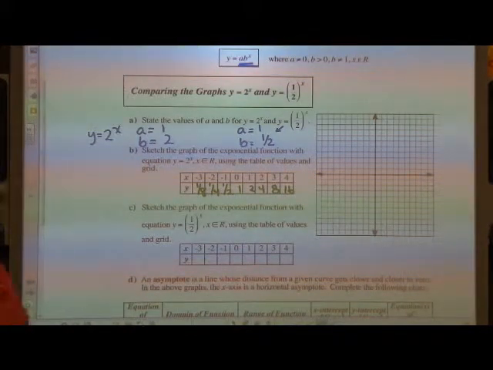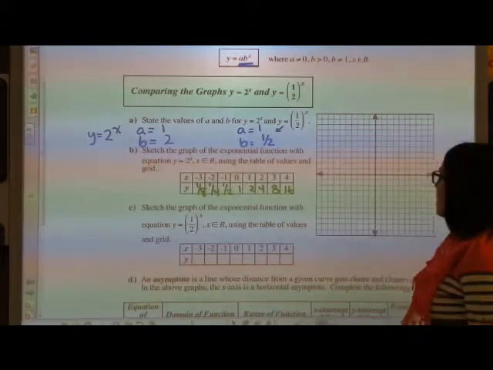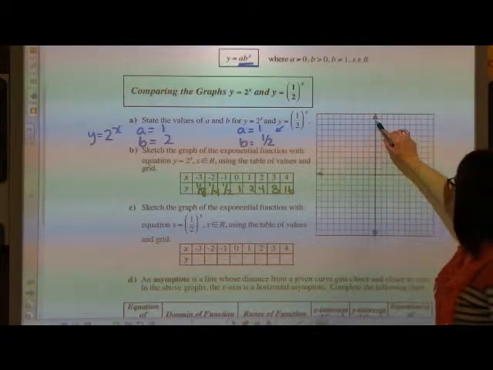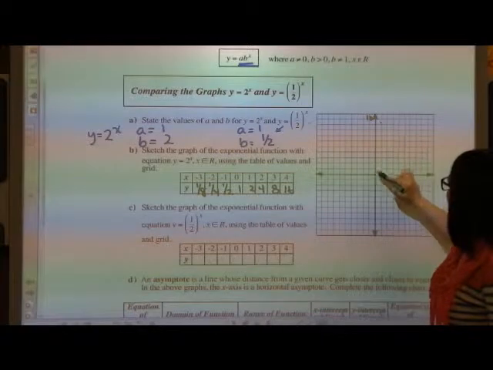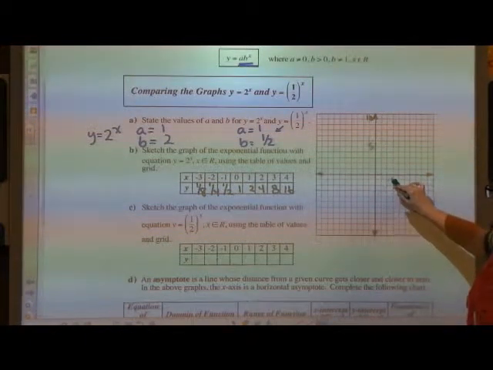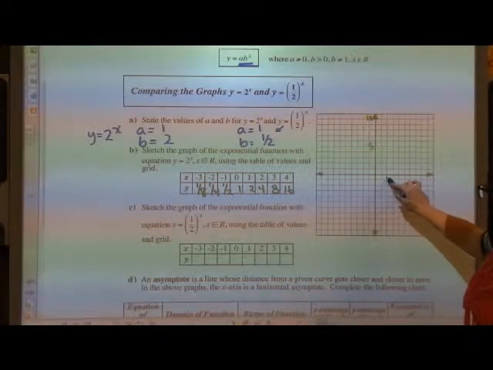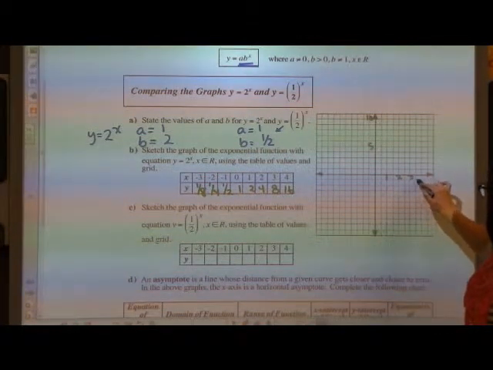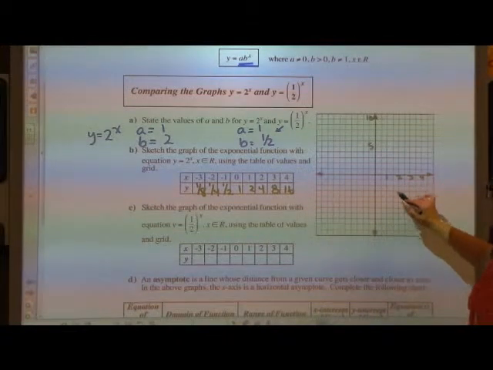Now if I sketch this graph, I let my y values go 2, 4, 6, 8, 10, and then I go 1, 2, 3, 4.